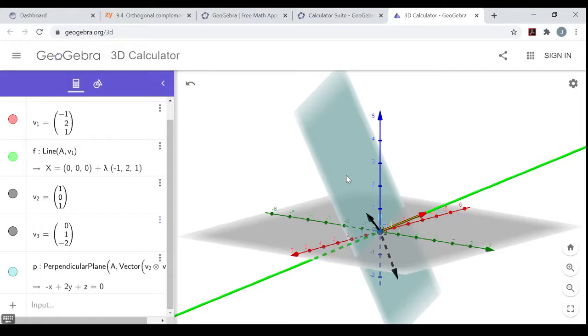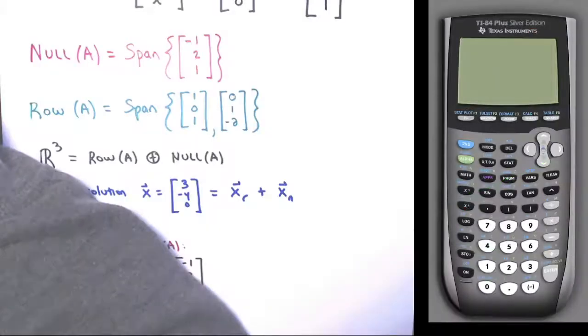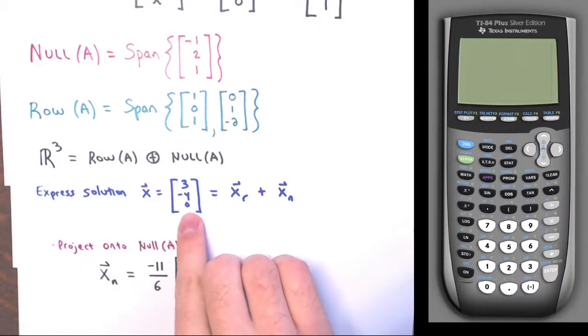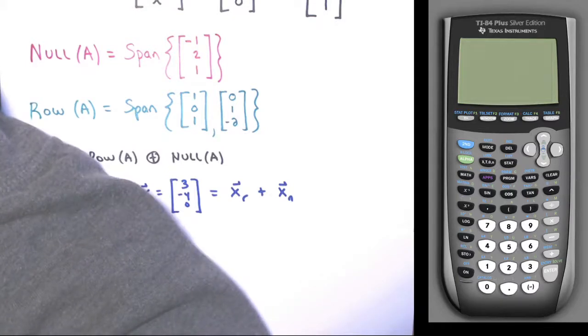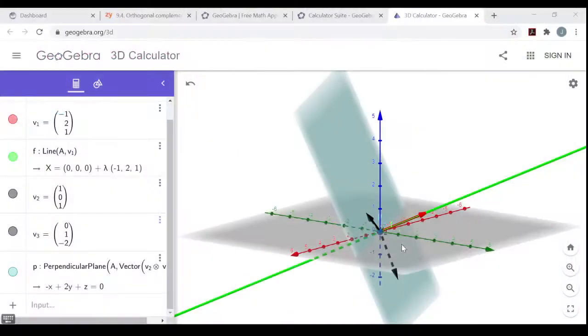All right, and then we just said that our solution, remember that particular solution that we're looking at is the vector 3, negative 4, 0. So let me put that up and show you that that's not in the row space or the null space, right?